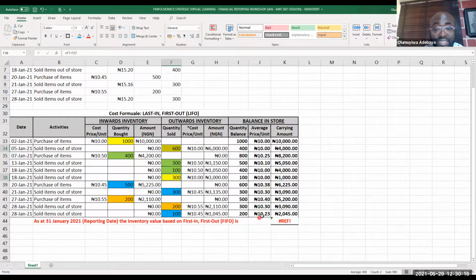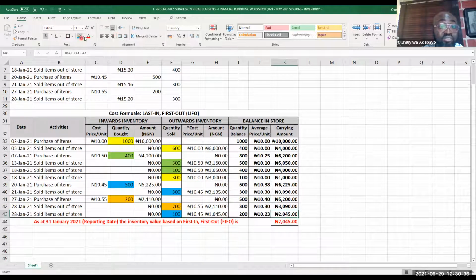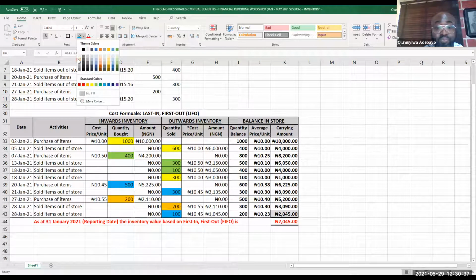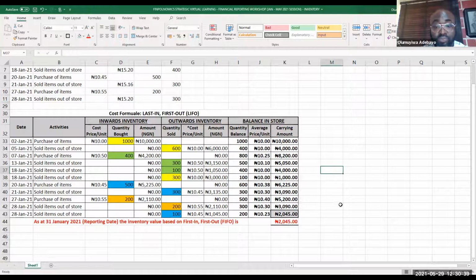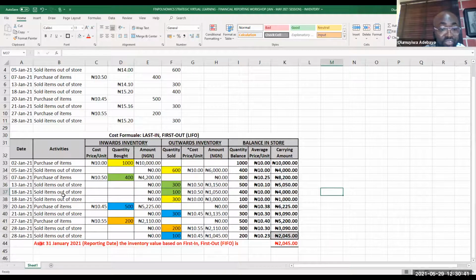That gave us an average price of 10.23 kobo, made up of 10 naira for the first batch of 100, 10.55 kobo for the next batch of 100, and 10.45 kobo for the next batch of 100. Invariably, we have this as our inventory value on the basis of last in, first out.